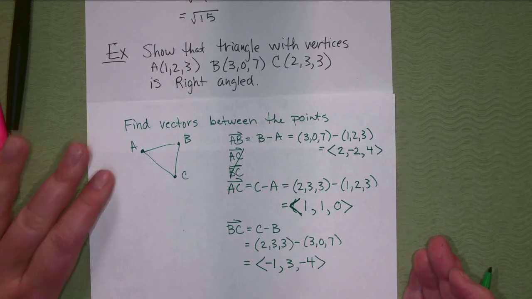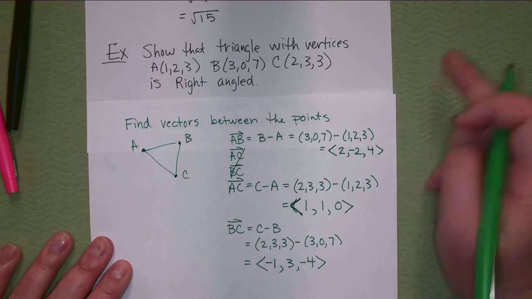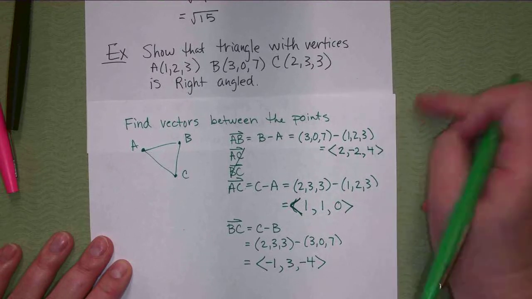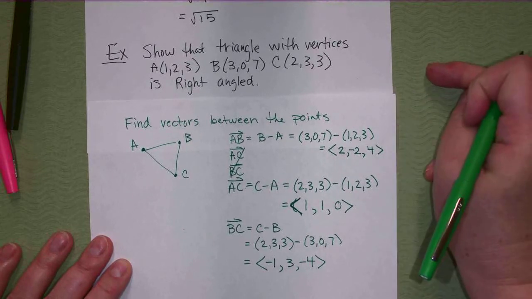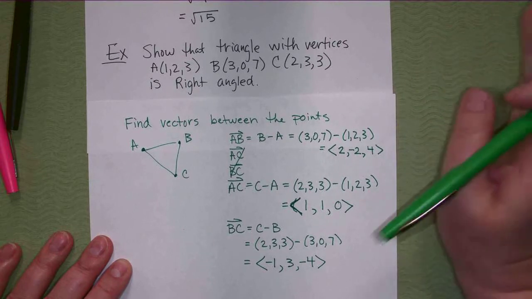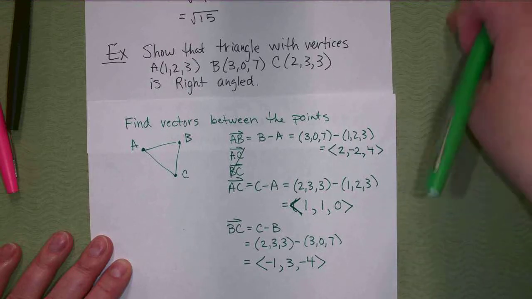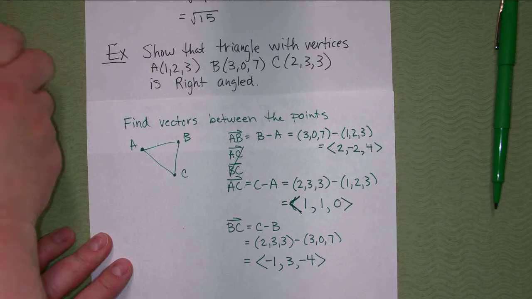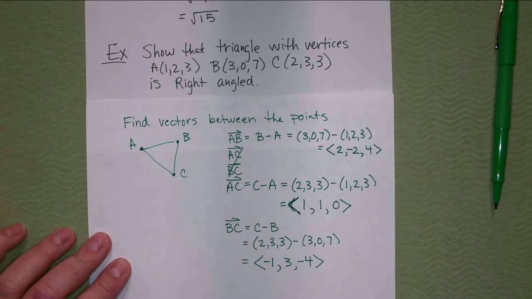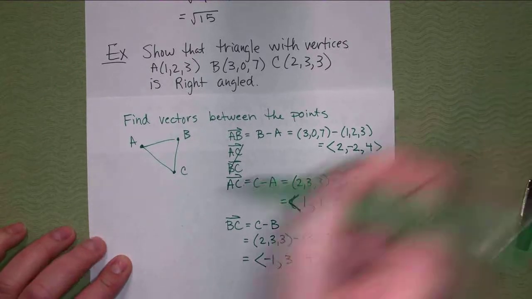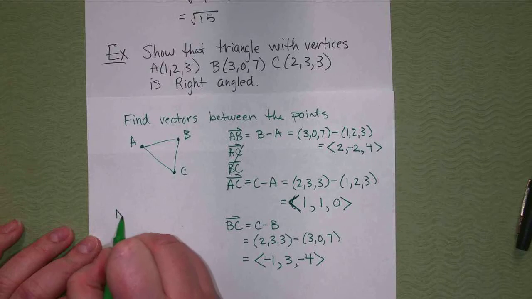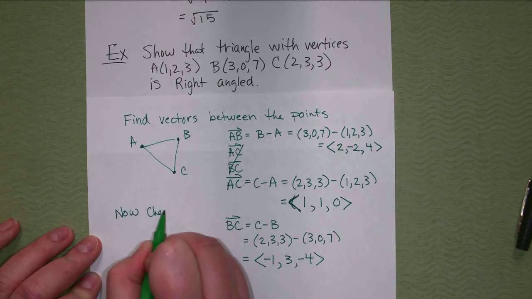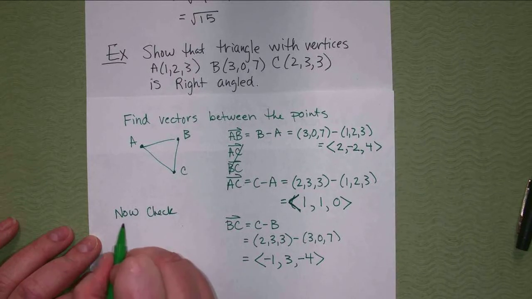Okay. So what you don't want to do is dot product the points by mistake, thinking that those are the vectors, the sides, because then that won't give you the right information. You need to dot product the actual vectors, and if you come across one that's the right angle in your first guess, you don't need to go further. So now, check the dot products.